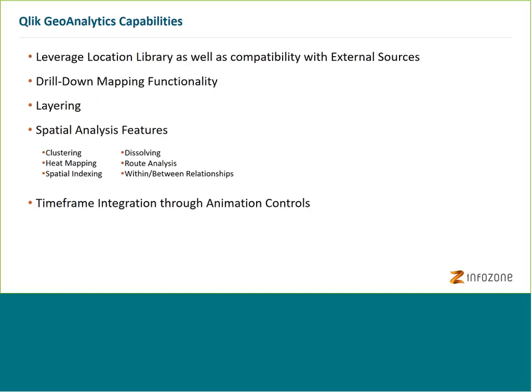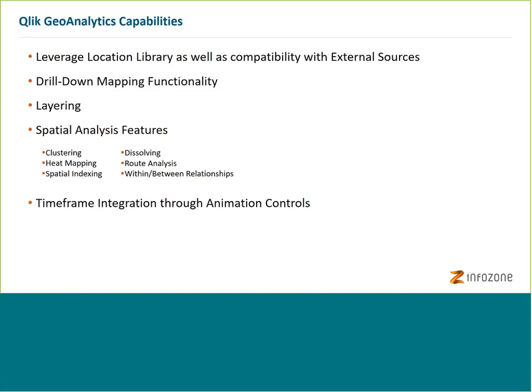Some capabilities here: you're able to leverage the location library, as we just mentioned, but it does have compatibility with external sources, which is nice if you need to load in other maps or other reference systems. Drill down mapping functionality is really nice. You can select a state, and drill down into a city, and drill down into a zip code, for example.